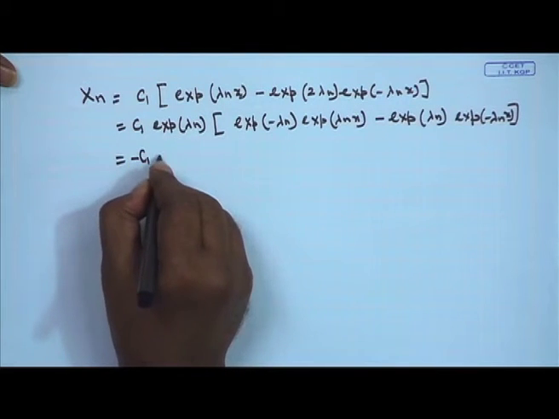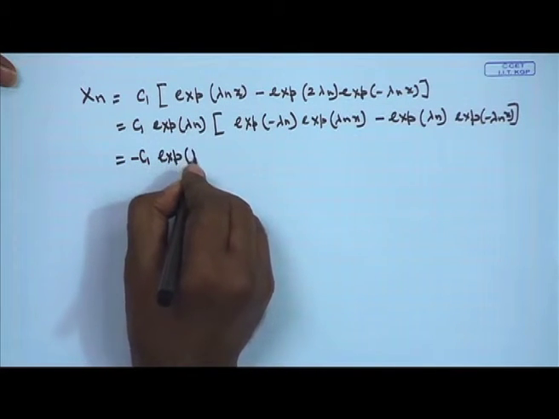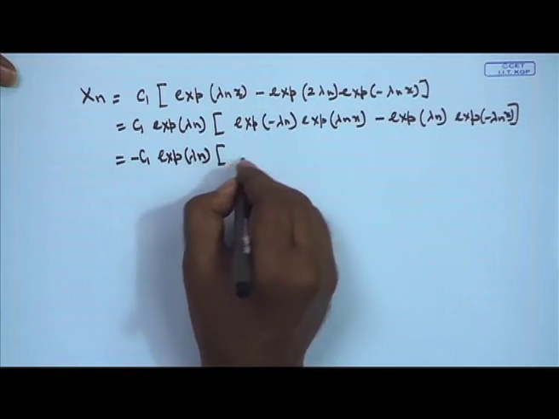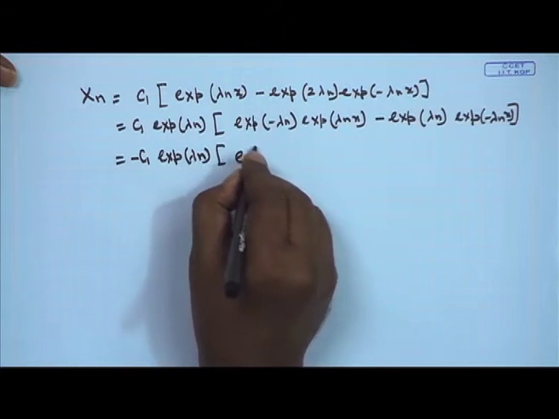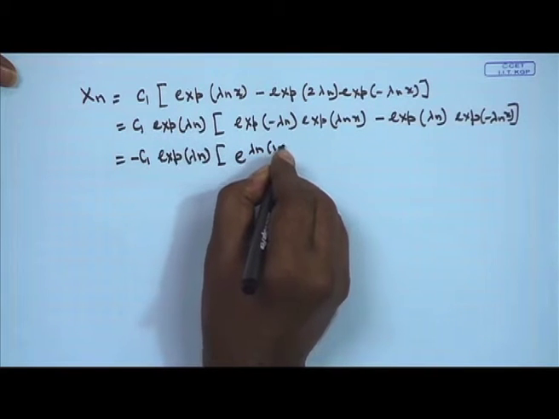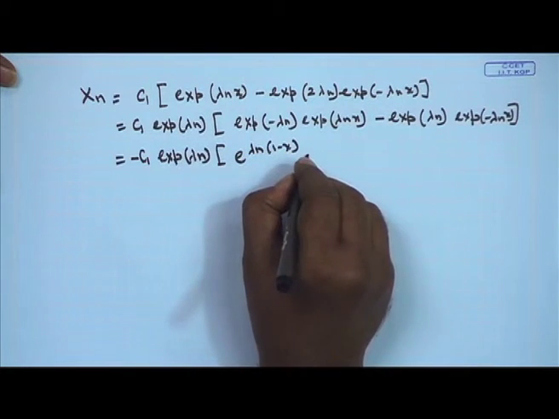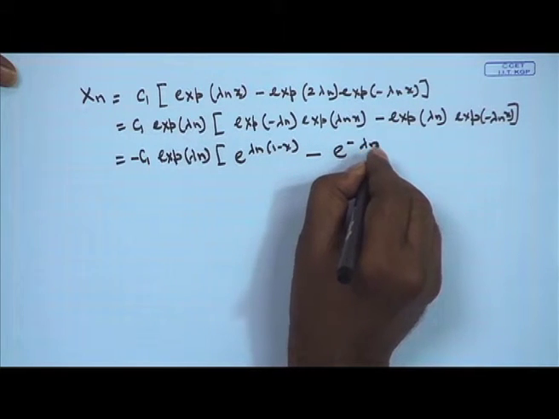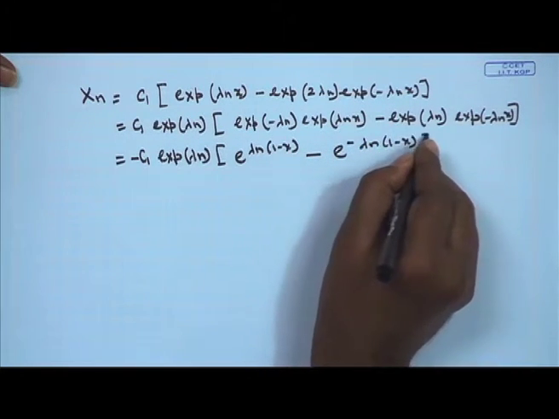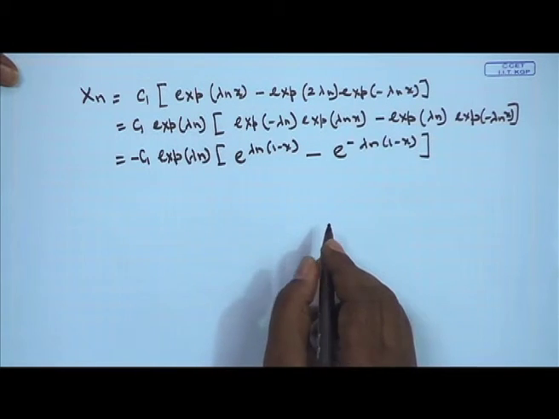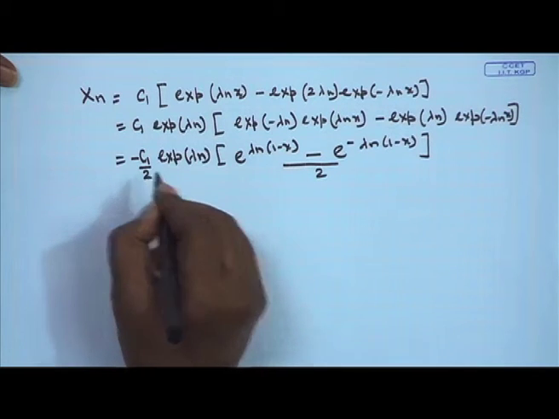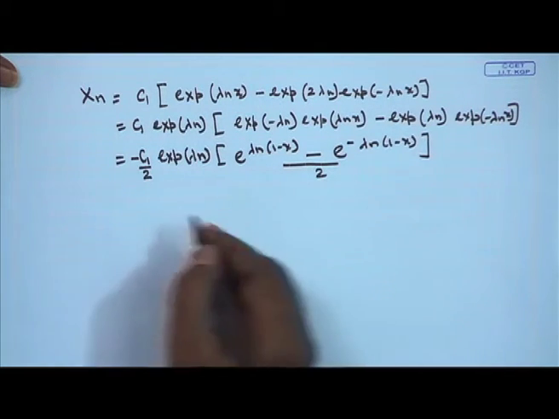So, it will be C1 exponential lambda n in the front, and then e to the power lambda n 1 minus x minus e to the power minus lambda n 1 minus x. Then if we multiply and divide by 2, this becomes a sine hyperbolic function.